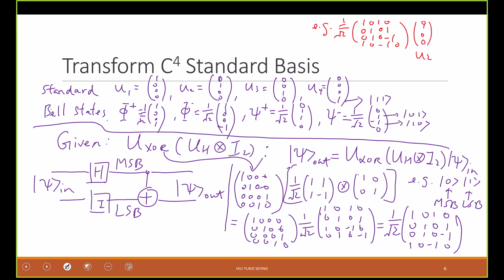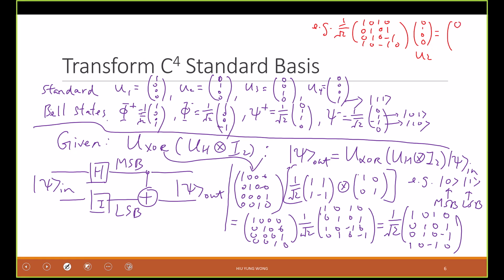This is U2. What do you get? What is the first element when you apply to U2? 0. Why? Because there's no overlap between 0 and 1, right? You do this row, multiply this column, you get 0.